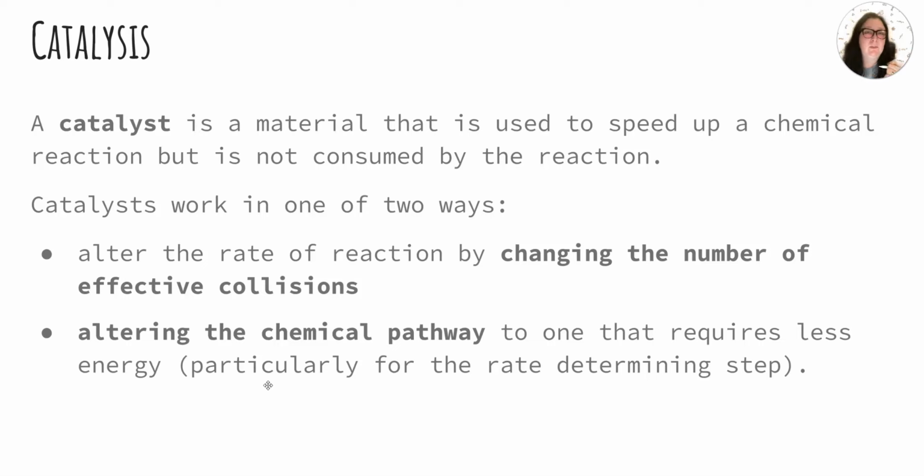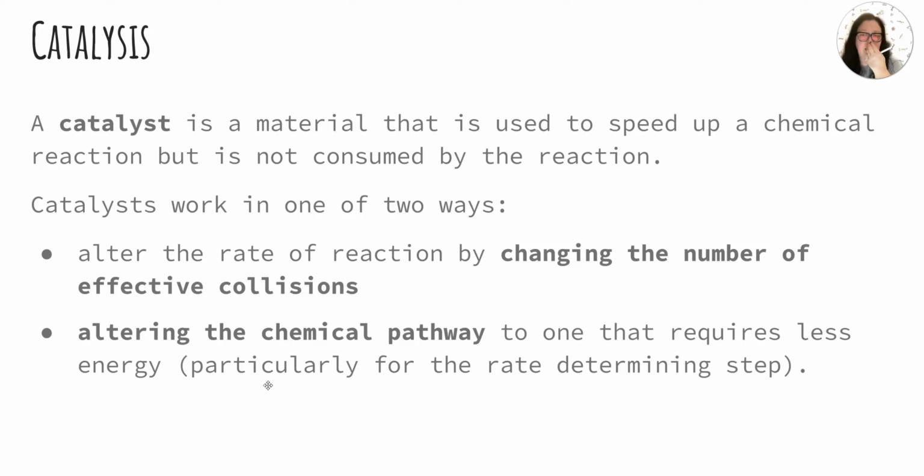I am going to go a little bit more quickly because a lot of this they're not going to ask you about, but I just kind of feel like I want to talk about it. So a catalyst is a material that's used to speed up the chemical reaction, but it's not used or consumed in the chemical reaction. It comes in and it comes back out, and it can be used over and over and over again normally. They work in a couple of different ways.